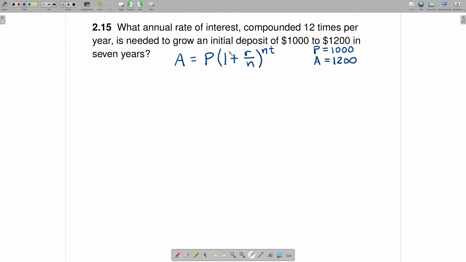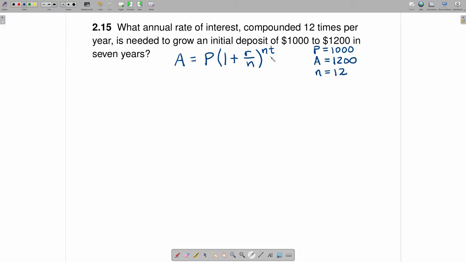The next value in that equation is the rate, R, and that turns out to be what we are looking for, the rate of interest that's necessary. The next one is N, and the N is the number of times that this will be compounded per year. So in our case, N is equal to 12 because it is compounded monthly, 12 times per year.